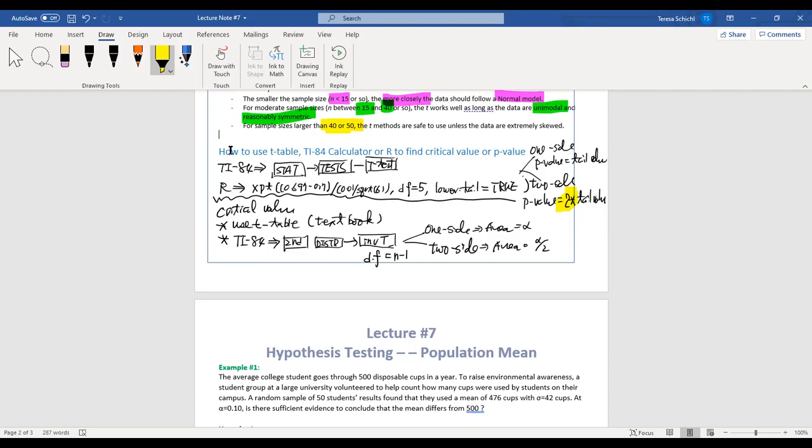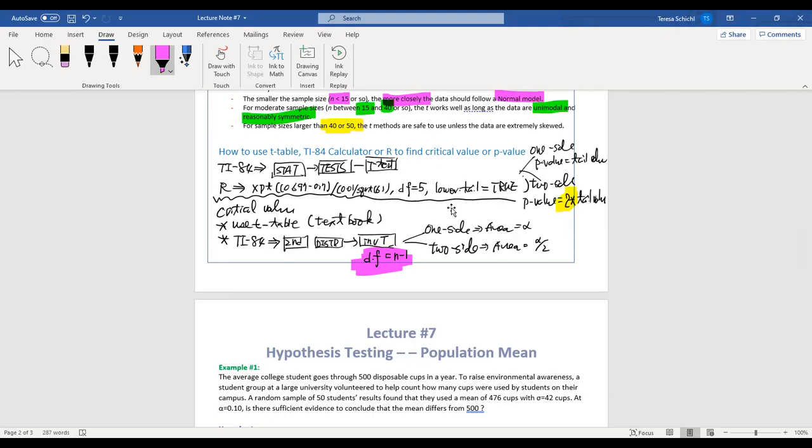If it's given, z-test. If it's not given, t-test. And for the t-test, one thing we need to be very careful about is the degrees of freedom. For the t-test, the degrees of freedom is n minus 1. All right, that's it. And so we finally finished the hypothesis testing for one population.